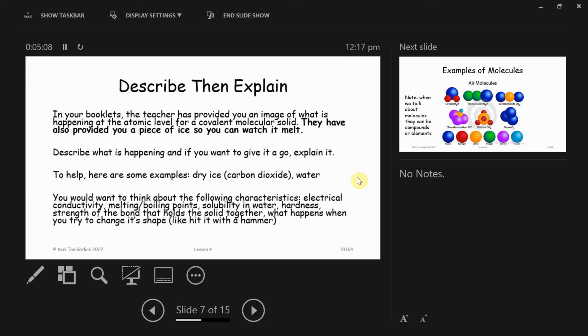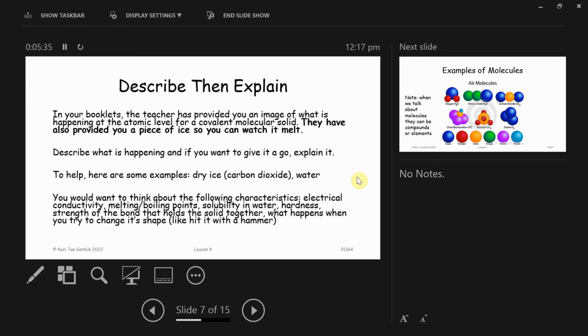It is in your booklets. And what I've done is, in our booklets, not sure what page it's on. I should have numbered the pages, right? That would have been smart. There we go. So, this image here is the one we are looking at. And I want you guys to take a moment to describe what you see in that image and explain that image as well.